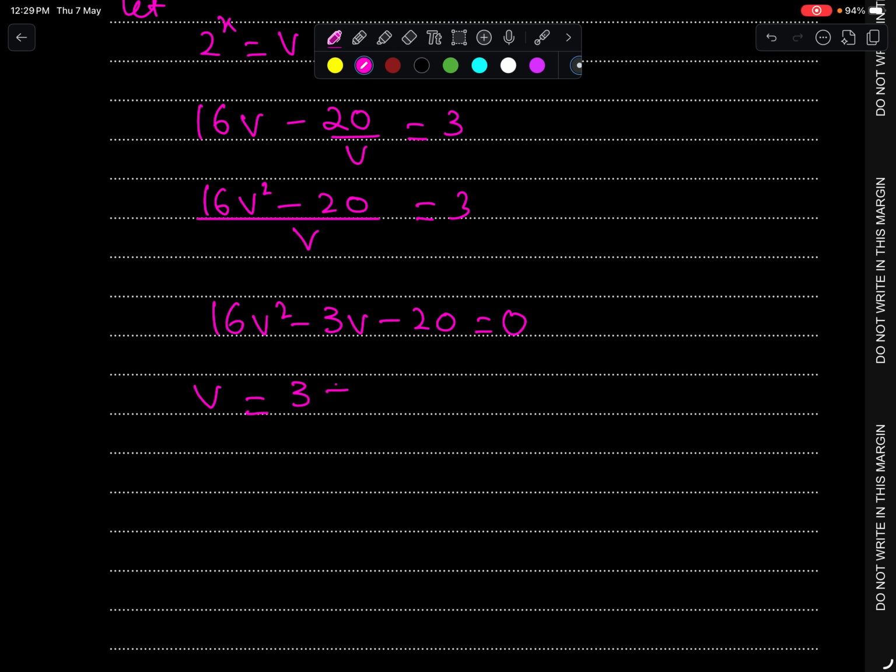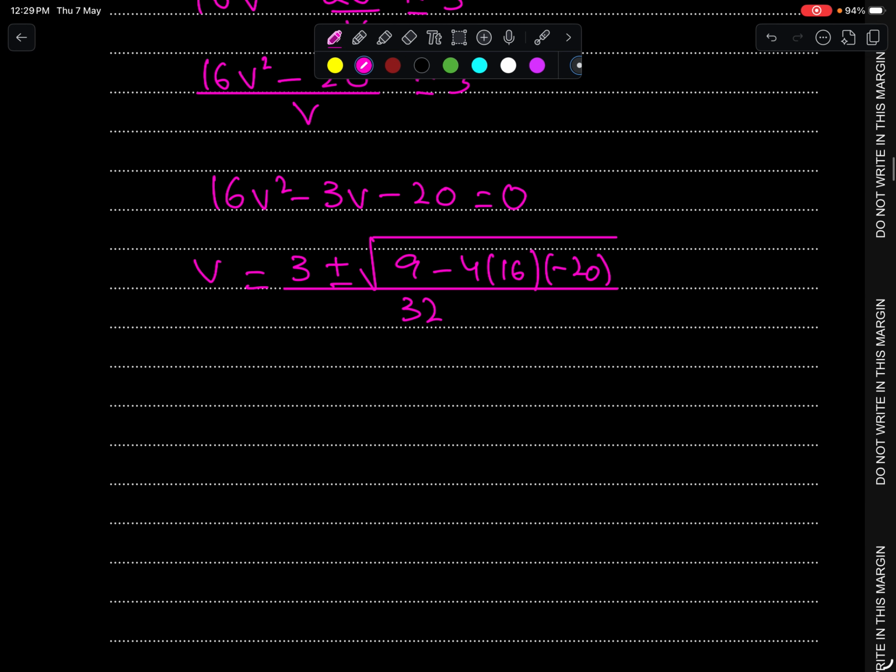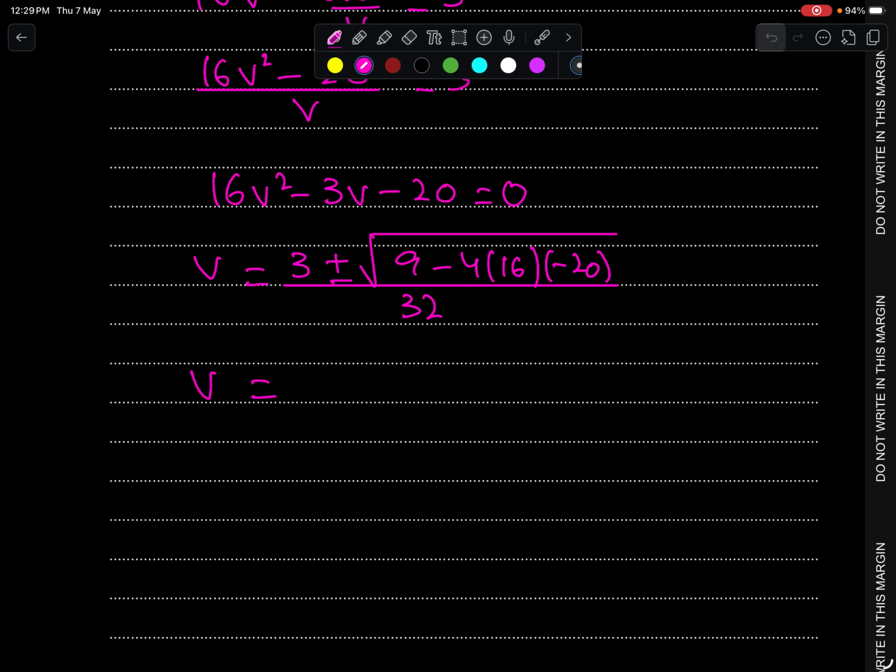v equals 3 plus minus the square root of 3 square, which is 9, minus 4 times 16 times minus 20. You have to show this step. And in denominator we have 16 times 2, which makes 32. Now replace v by 2 power x and write the simplified form of this, which is 3 plus minus root 1289 divided by 32.